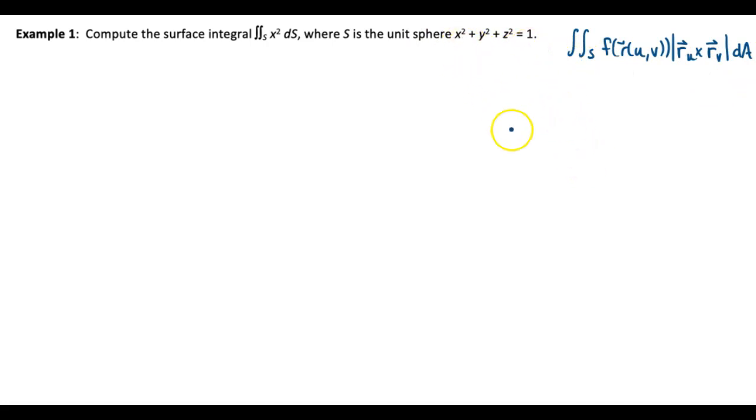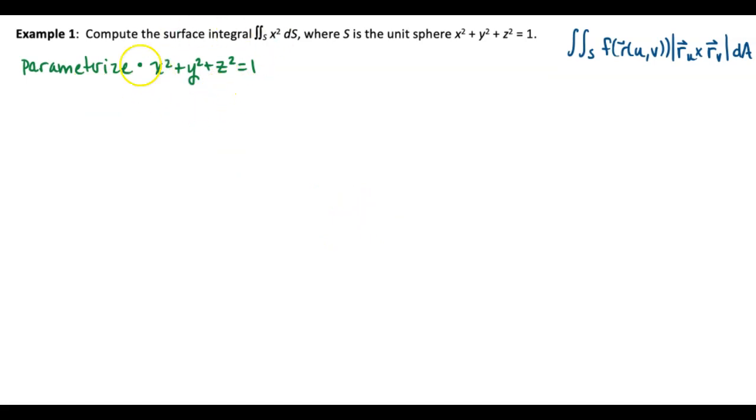And we're talking about this sphere. So this is our first step. We want to parametrize this surface S. And what's the best way to do that?